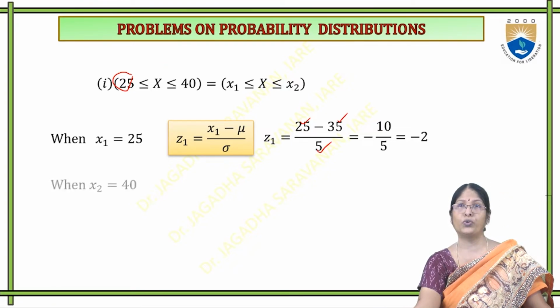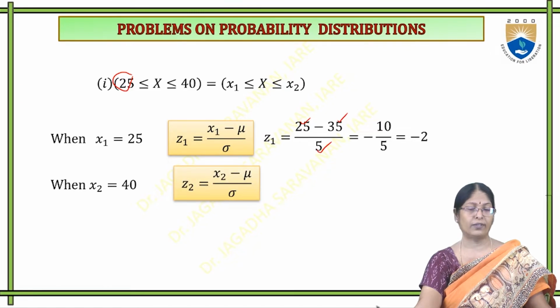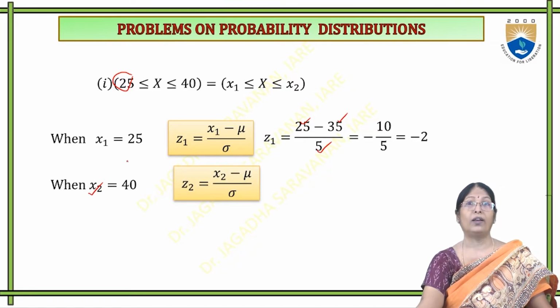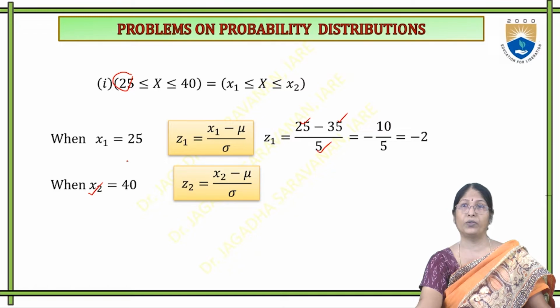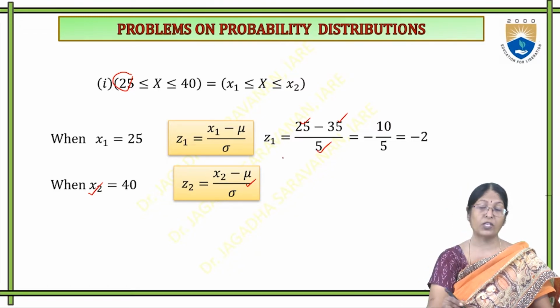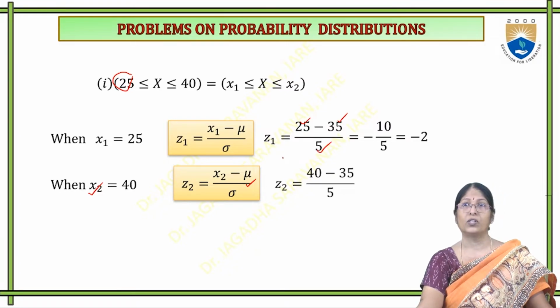Next we will move to 40. The 40, we named it as x2 and it should be converted into z2. So the formula x2 minus mu by sigma. So z2 equal to 40 minus 35 by 5. The result is 1.